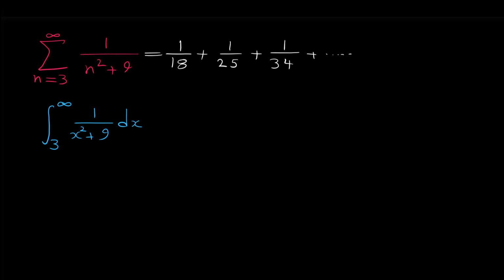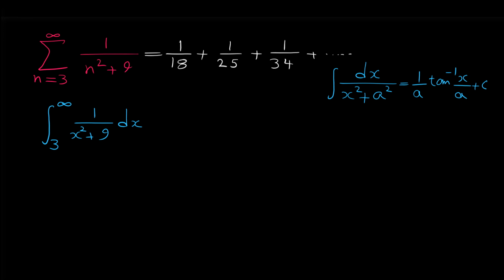For finding this integral, we can use this formula: integral of dx over x squared plus a squared, where a is a number, is 1 over a tangent inverse of x over a plus c.